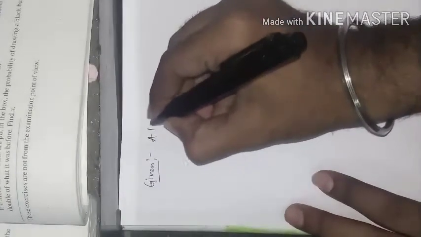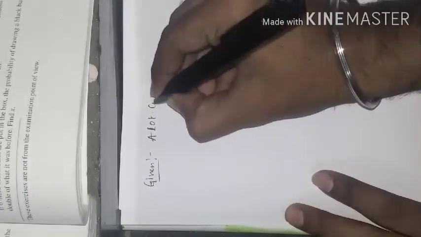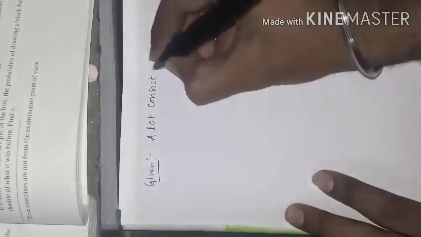Let us write the given part. A lot consists of 144 bulbs. Sorry, pens.